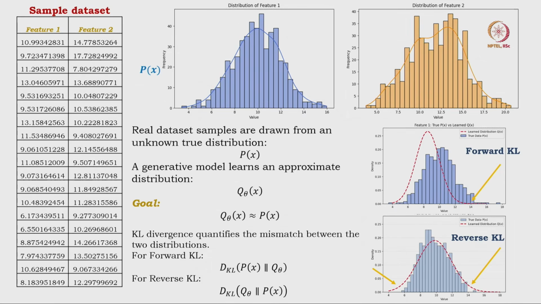Let me quickly summarize here. We have the data set. The data set is already given to you. That data set has some probability distribution, called the real true probability distribution, which we denote as P of x. Now, the whole idea here is that the deep learning model or generative model should learn the distribution. Why does it have to learn the distribution?